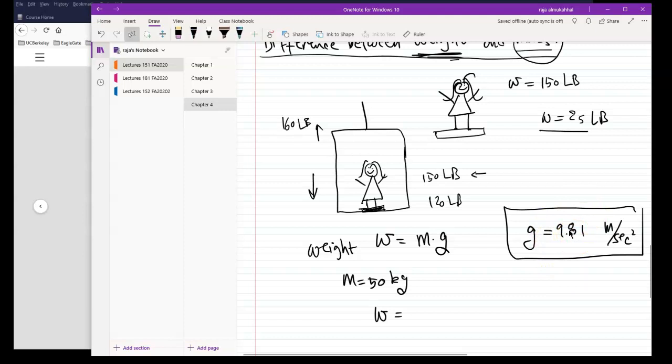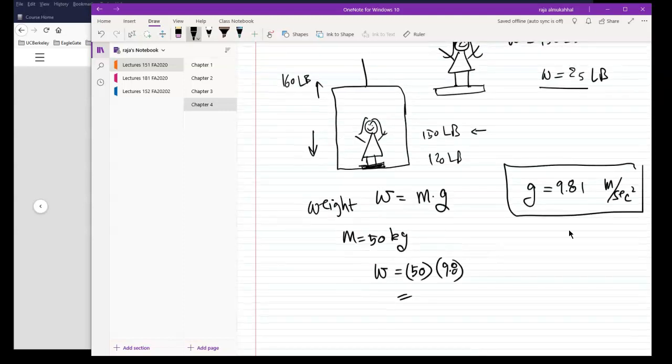So 50 times 9.8, using my calculator, is 490. So she is 490 Newton. Got it? That's her weight.